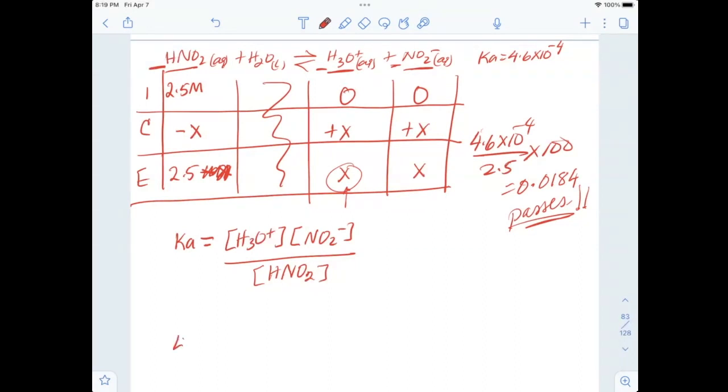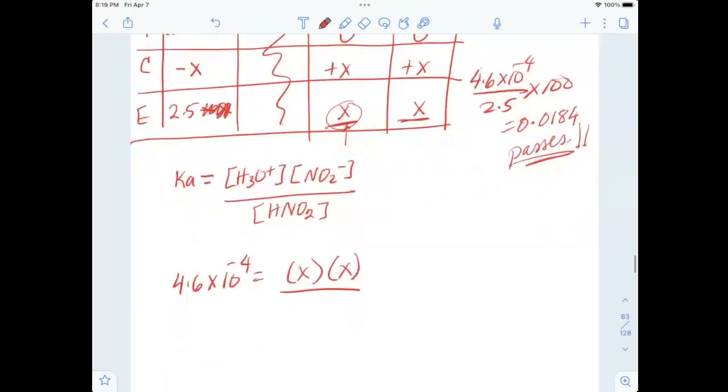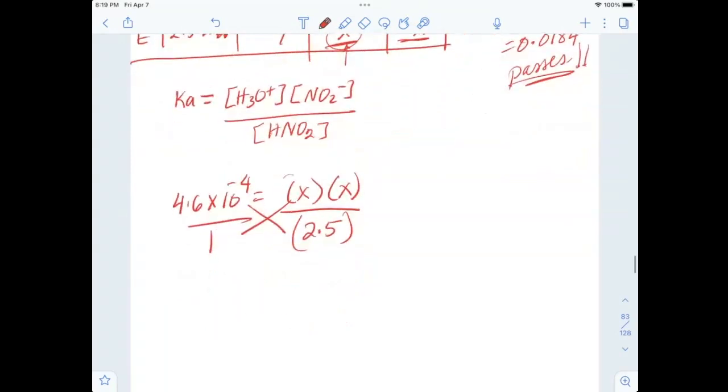Okay. Plugging in the numbers, we have 4.6 times 10 to the negative 4 equal x squared, I plugged in these two numbers, divided by the bottom number, 2.5. So much easier math, right? Multiply this. So I'm going to do this part here first. I get x squared equal 2.5 times 4.6 times 10 to the negative 4.